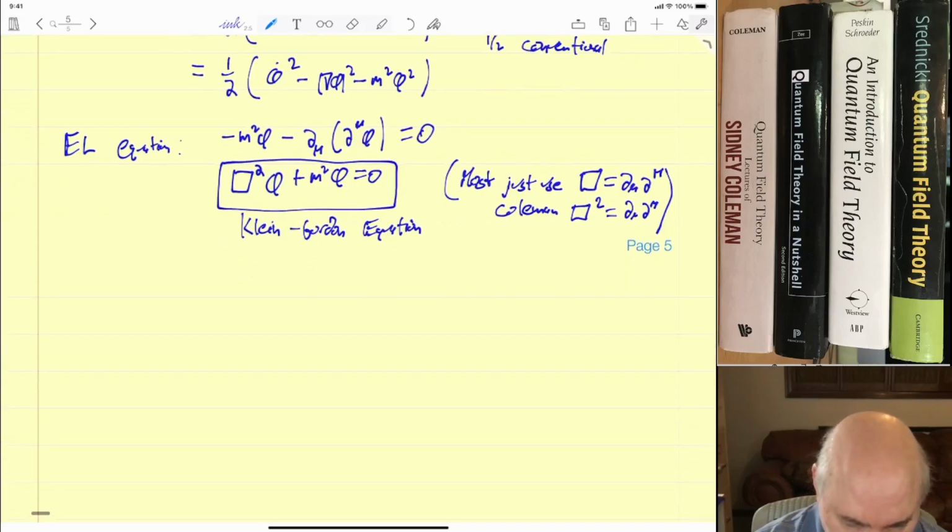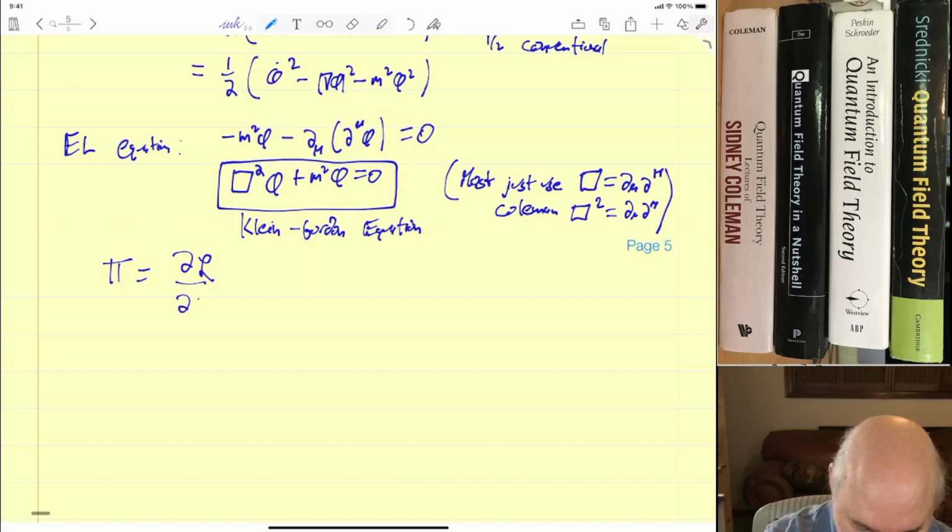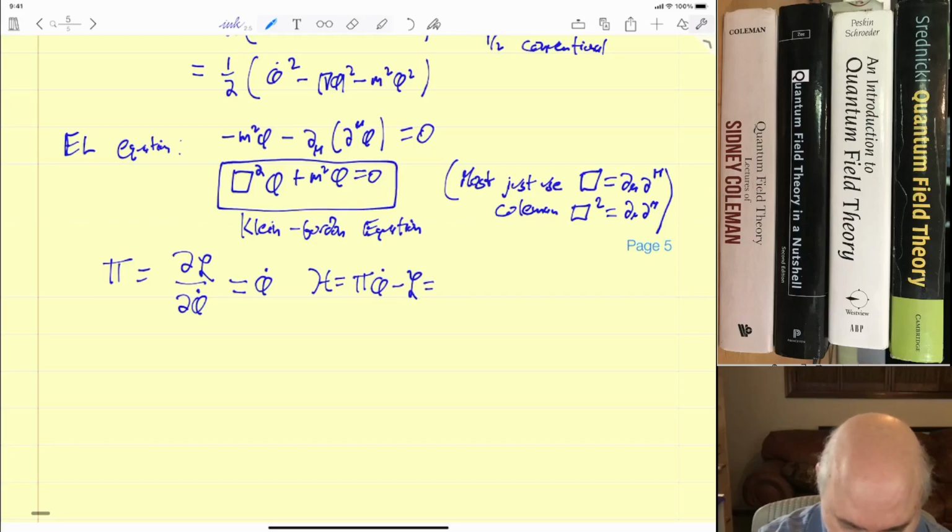The canonical momentum is defined by the partial of L with respect to phi dot. So using this version, this is just equal to phi dot. And now the Hamiltonian density is equal to pi times phi dot minus L. This is equal to pi squared minus 1/2.